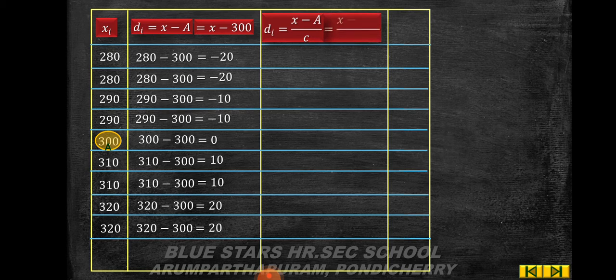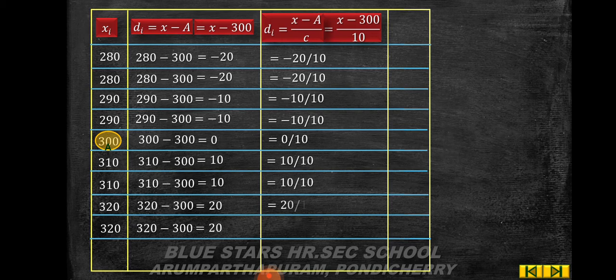Then di is equal to x minus a by c, which is equal to x minus 300 by 10. So minus 20 by 10, minus 10 by 10, 0 by 10, 10 by 10, 20 by 10 respectively, which is equal to minus 2, minus 2, minus 1, minus 1, 0, 1, 1, 2, 2.